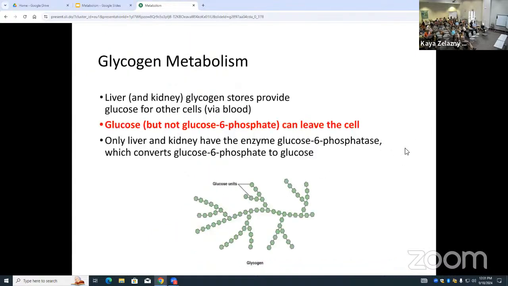So for glycogen metabolism, this is happening mainly in your liver, but also a little bit in your kidney. So you've got these glycogen molecules where we've stored glucose. And in that case, when we don't have enough glucose because you're not eating a donut right now, you can take that glycogen stored in the liver and the kidney, peel it apart, and provide glucose to your other cells.